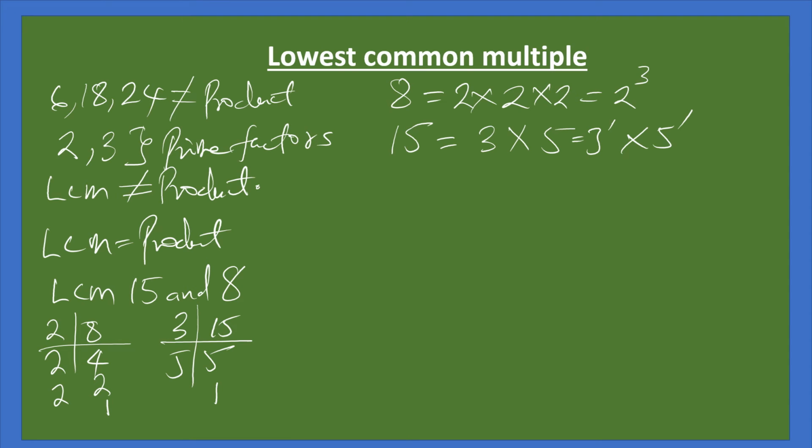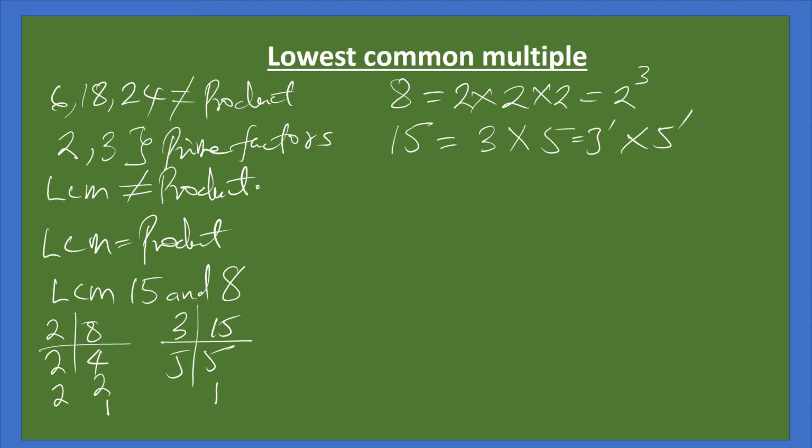If you look at these numbers, you will notice that 2 appeared in only 8. There is no 3 and there is no 5. If you check 15, we only have 3 and 5. There is no 2.